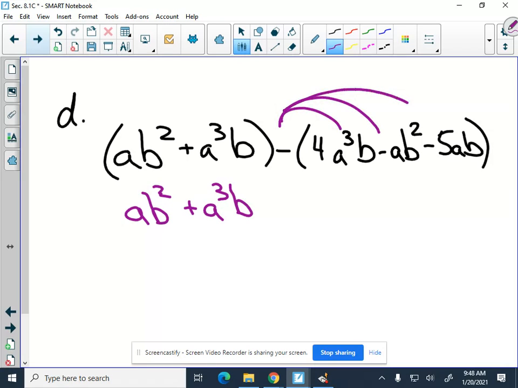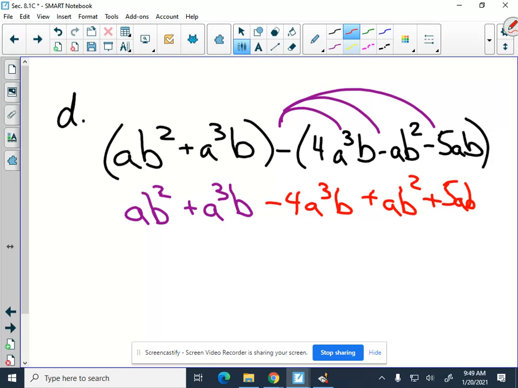The negative goes through all these, so we have a negative A3B, a positive AB squared, and a positive 5AB. It changed all 3 signs.